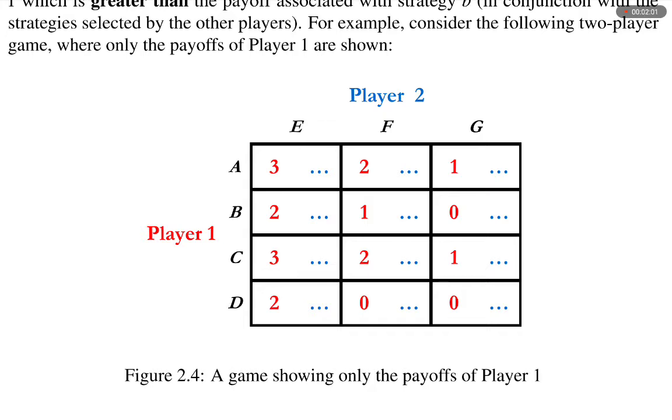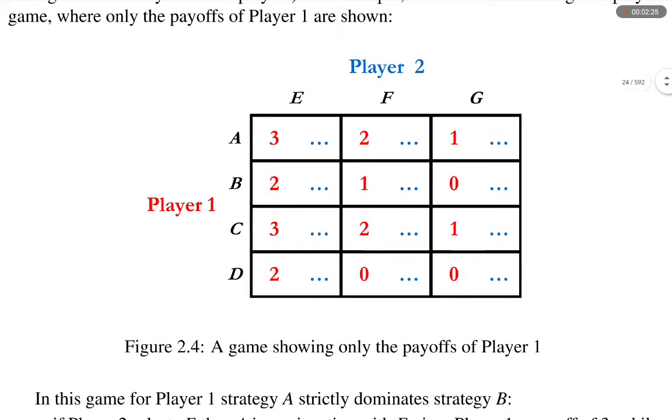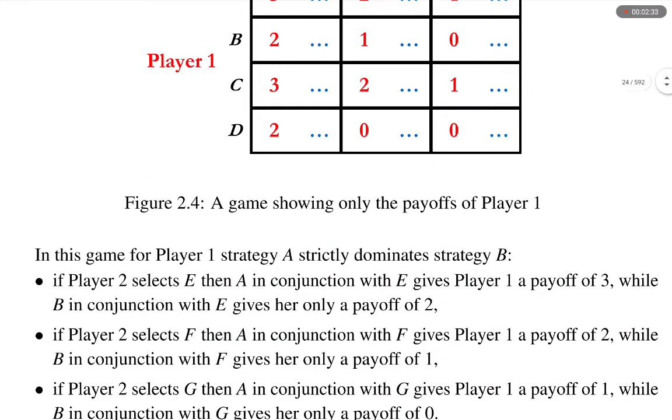Player 1's strategy set is capital A, capital B, capital C, and capital D, and player 2's strategy set is capital E, capital F, and capital G. Note that this is a 4-row by 3-column grid. Player 2's payoffs are not shown. Figure 2.4: a game showing only the payoffs of player 1.